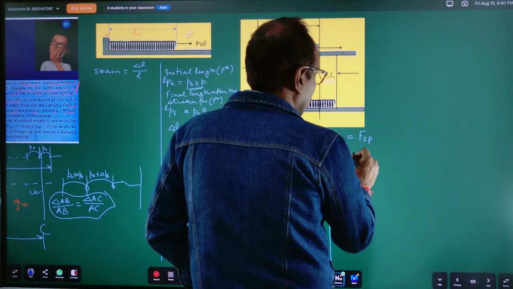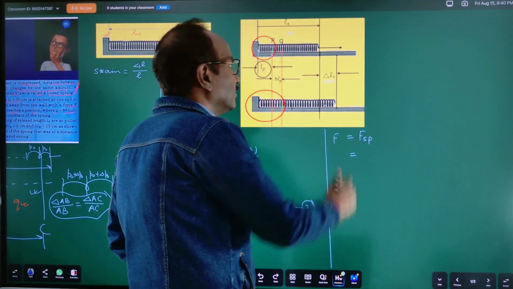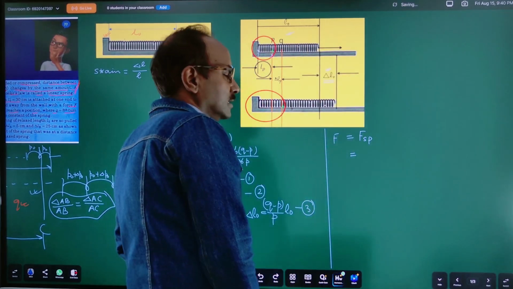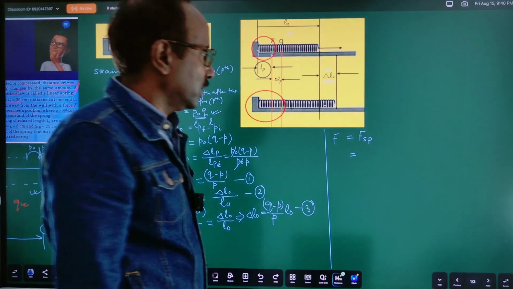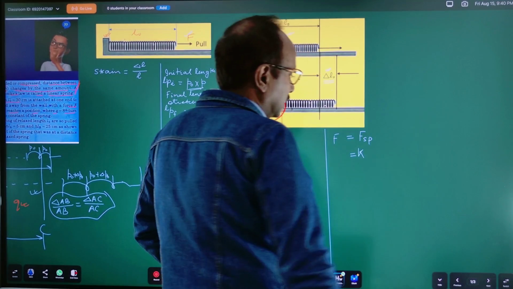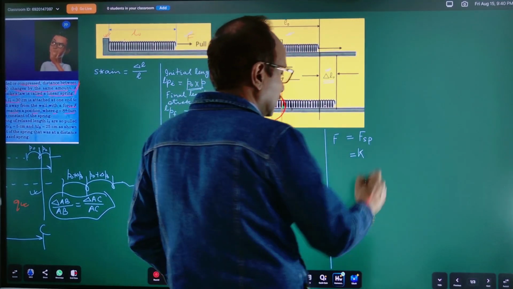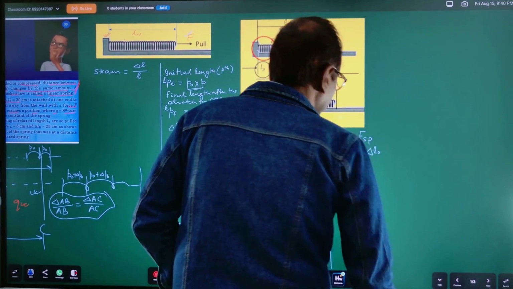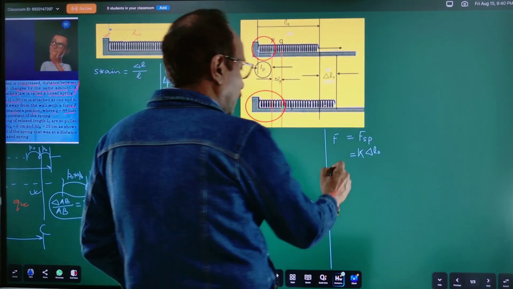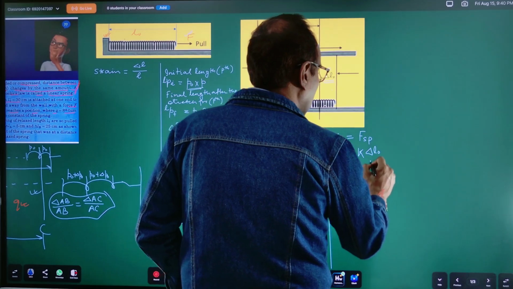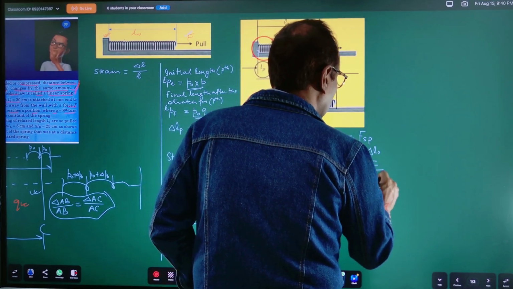So what will be your spring force? We have said that the total stretch in the spring is delta L naught. So if K is the spring constant, K into delta L naught will be your F. So K you can say is F by delta L naught.